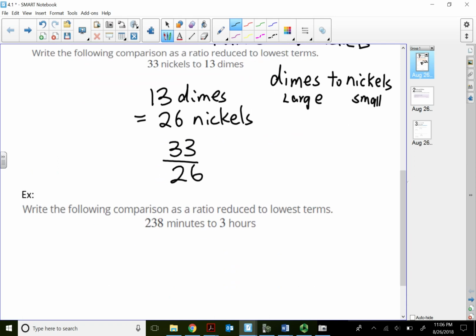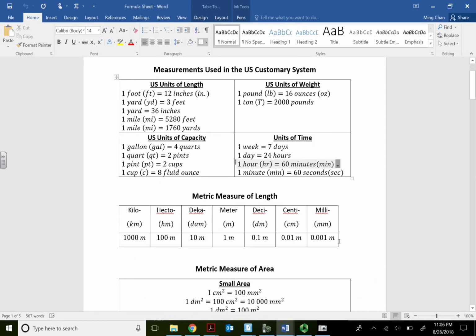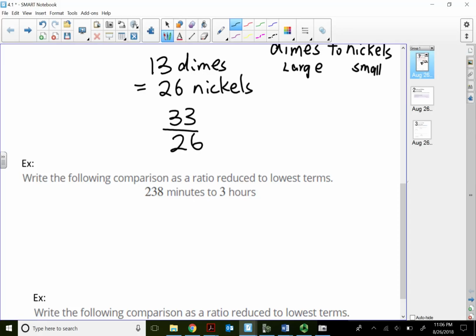All right, same thing. 238 minutes compared to 3 hours. Make sure they have the same units before you write them out as a ratio. The conversion between hours and minutes: 1 hour is 60 minutes. Since hours are bigger, we take the bigger unit and convert to the smaller unit.